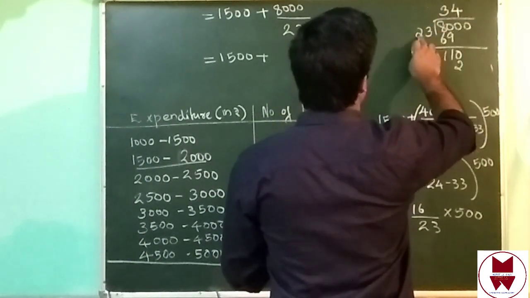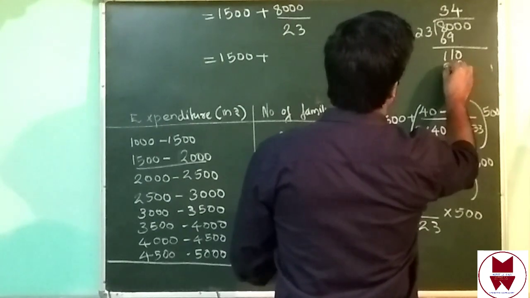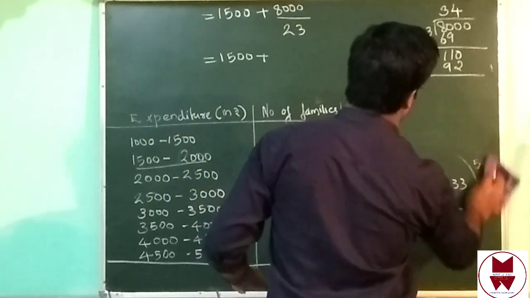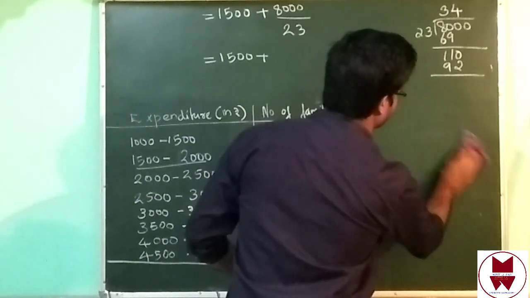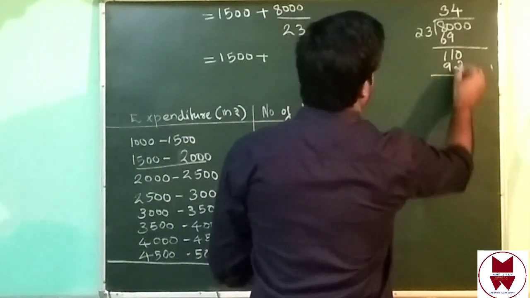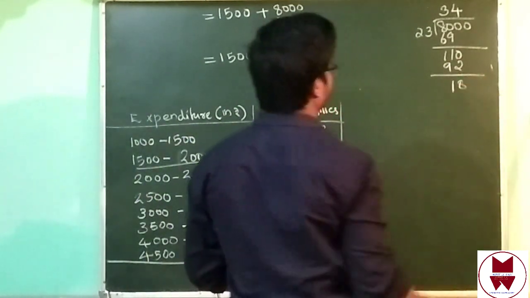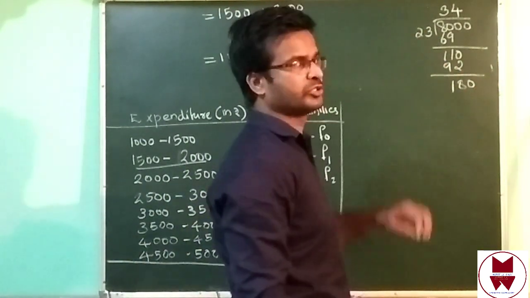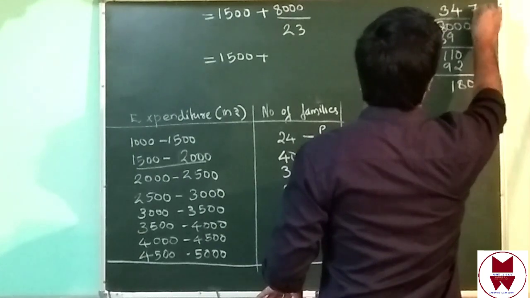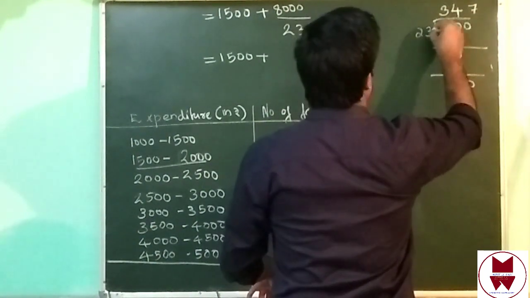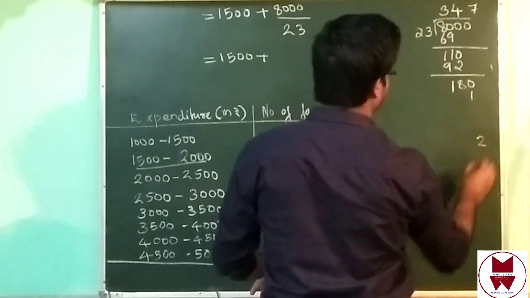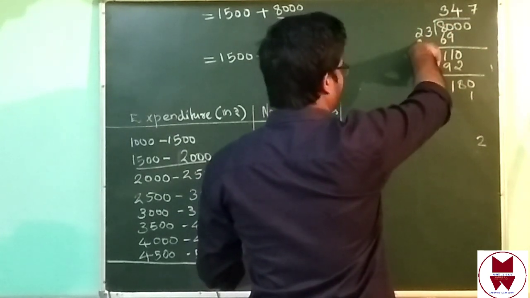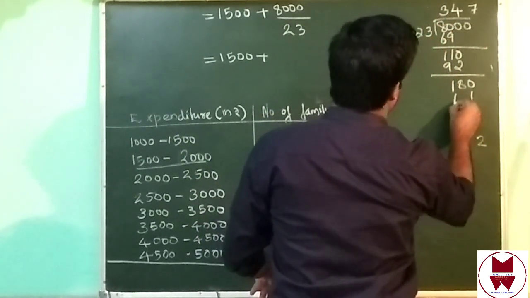Then 4 into 2, 8 plus 1, 9. Then 18, then 0 write down. In 180, how many times 23? 7 times. 7 into 3, 21, remainder 2. 7 into 2, 14 plus 2, 16.